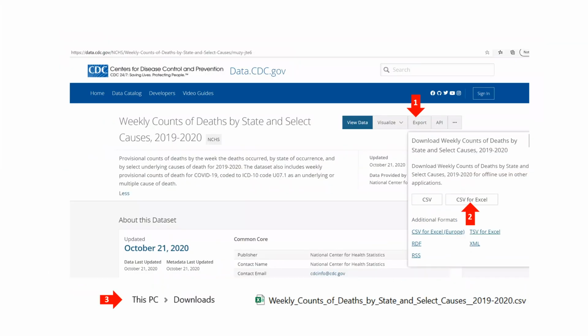When I select the 2019-2021, that's the page I end up at. There, I select the Export tab, under arrow number 1. And then I downloaded it in CSV for Excel format, and you might decide to choose a different format. So that's arrow number 2. And then when I do that, arrow number 3 shows this data set automatically gets downloaded on my PC. So that's how I did that.